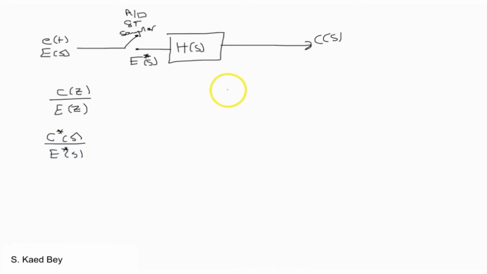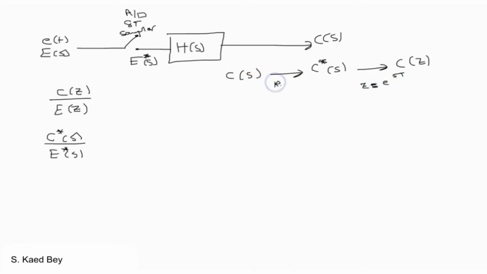The reason for this is we discussed we can use a residue method to go from, for example, C in S domain, we can go into the C star using the residue method, and then we can go to the Z domain by replacing the relation of Z domain and the S domain.